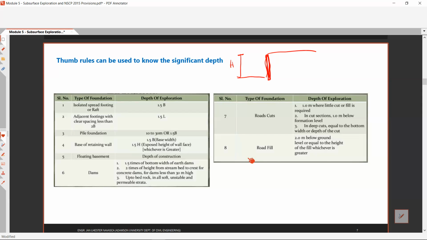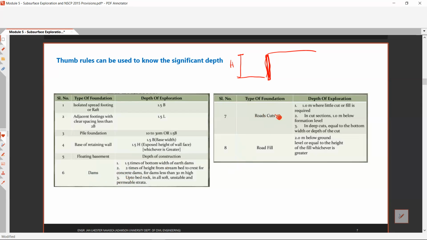Okay, the floating basement, we have this depth of construction. For dams, they use 2 times the height of the stream to the crest for concrete dams, or maybe they use up to the bedrock if they have enough funds, up to the bedrock in all soft and unstable permeable strata.